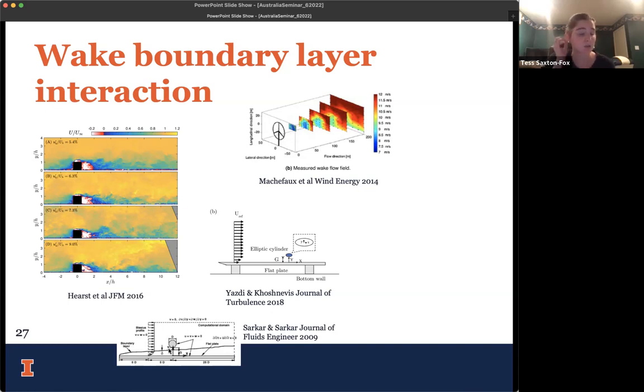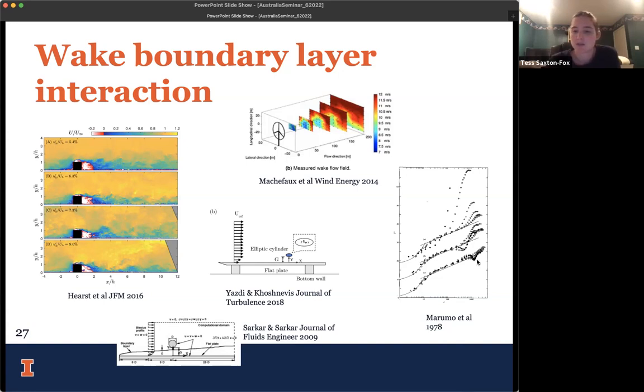But there's also a lot of work with really similar setups, where a cylinder is placed in the span-wise direction, extending across the boundary layer. Usually the cylinders are larger relative to the boundary layer than what we're studying, but it's a similar setup. And we have some papers we can look to. There are some nice papers from the 70s about this interaction that we can refer to, to make sure that what we're seeing makes sense.